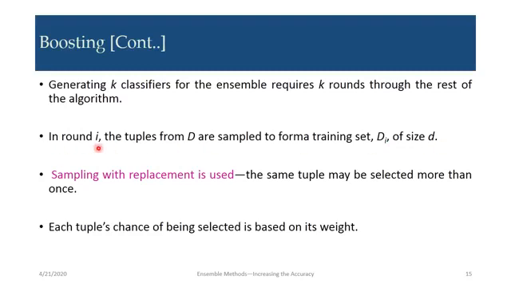That training set Di helps us make our model Mi. Sampling with replacement is used here, so the same tuples may be selected more than once. Each tuple's chance of being selected is based on its weight.